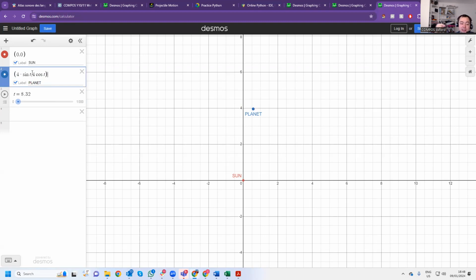This is the point I'm trying to make. This is the radius vector, or the position vector. Right, so another example of 2D motion. This is circular motion, a planet going around the sun.